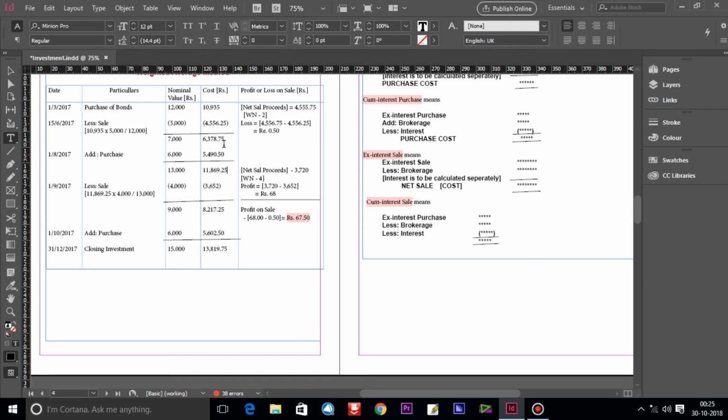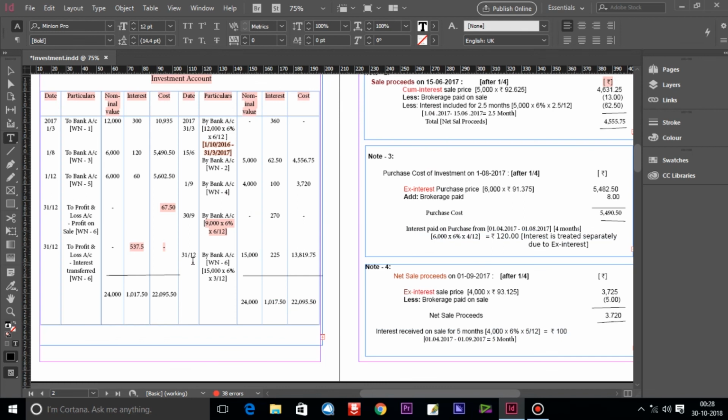minus 0.50 because it was a loss. Therefore, the net profit on sale is rupees 67.50, and you have to charge 67.50 on debit side by to profit and loss account, profit on sale, working note number 6.